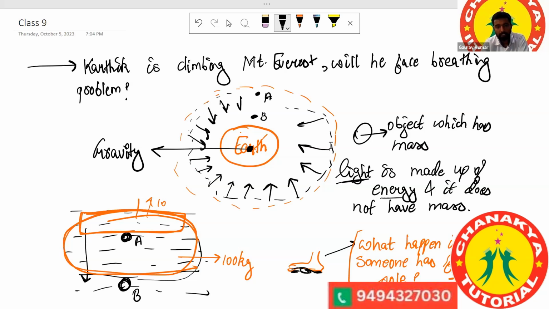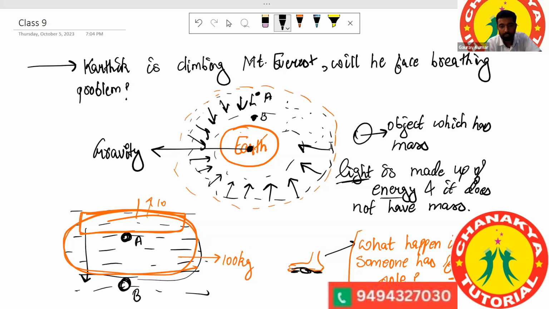All these are attracted. We know that this whole atmosphere is covered with particles, right? So all are attracted, and on this particle B there is very much force due to the particles present above it.